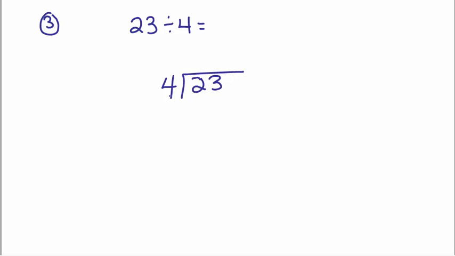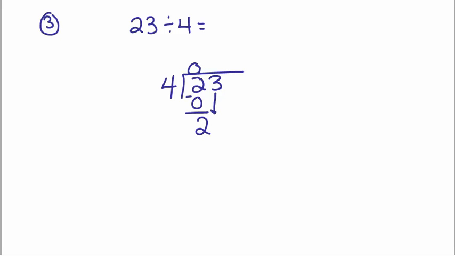And in this case, when we look at our first number, which is a 2, we can't make any groups of 4 if we only have 2. So we will write 0 above that to show that we make no groups of 4. And when we subtract that, we still have our 2 left.